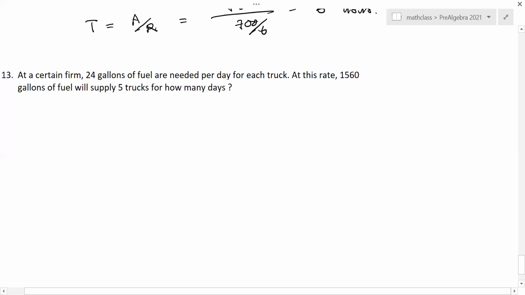Okay, so first of all, you have to figure it out. For 5 trucks, how many gallons of fuel are needed per day? This is for 5 trucks together.